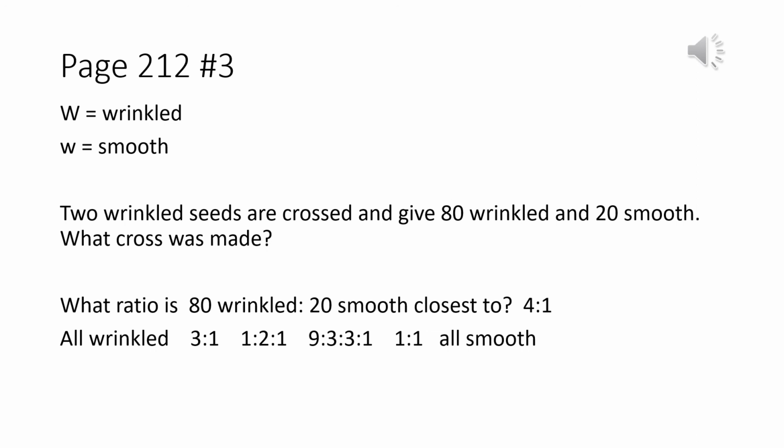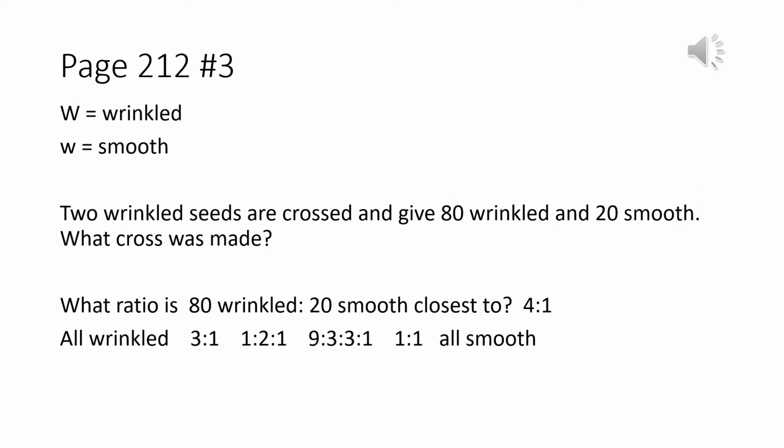Well, first of all, what ratio is 80 to 20 closest to? First, you should probably try reducing it down to its lowest common denominator by dividing both sides by 20. So you'd end up with 4 wrinkled and 1 smooth. Wait a minute, that's like 5 boxes. How do you get 5 boxes? You don't get 5 boxes.